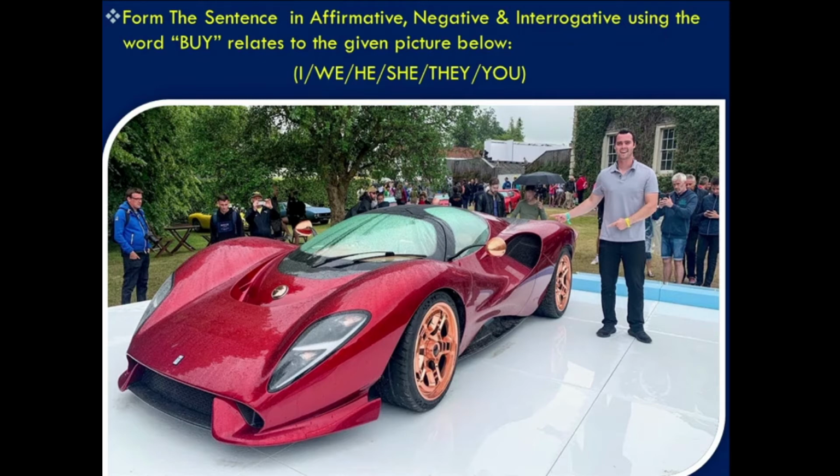I have bought a new car. In negative, I have not bought a new car. In questions, have I bought a new car? Same thing for the other subjects too. Only plural and singular you must be able to identify. We have bought a new car. We have not bought a new car. Have we bought a new car?